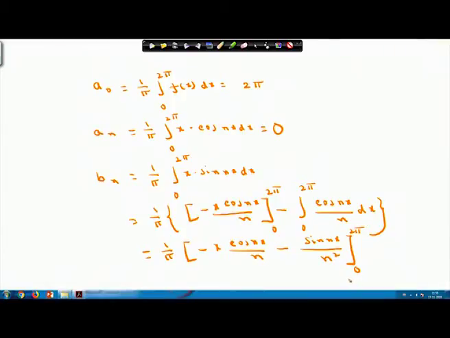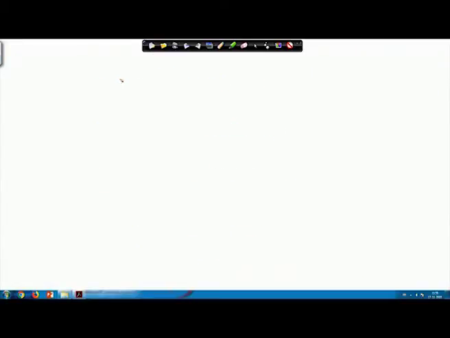So, if I evaluate the limit of this, I will obtain b n equals minus 2 pi into cos of 2 n pi by n pi plus 1 by n square pi into sin 0. Sin 0 term will vanish, and pi will be cancelled, cos 2 n pi is 1.